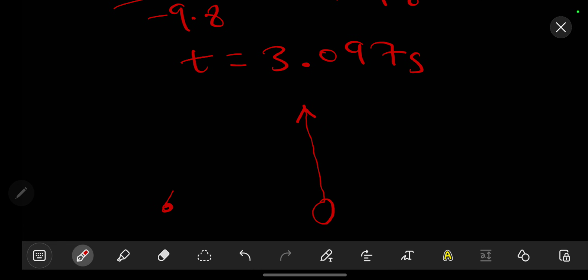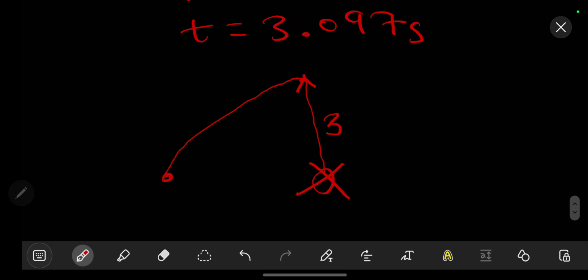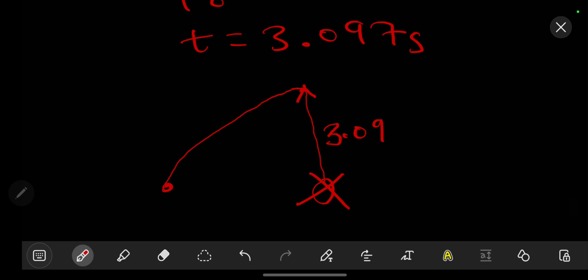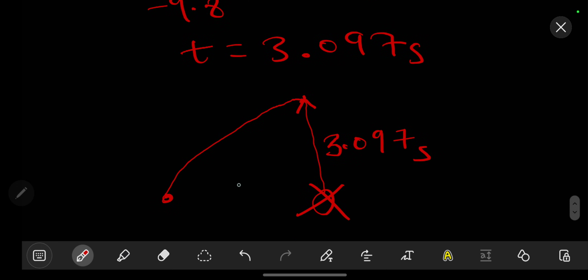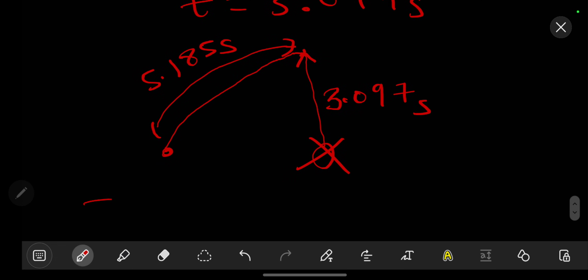But this arrow, it takes 5 seconds to reach that point. So this mango should be thrown, since it takes 3.097 seconds, and the arrow takes 5.185 seconds. It means we have to wait a bit for this mango to cover some seconds.